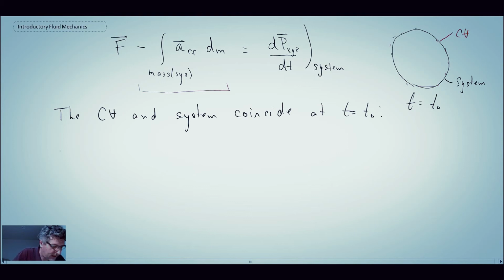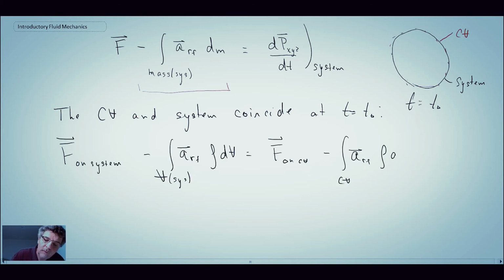So what we can say, given that they both coincided, is that the force modified with this acceleration term on the system is equal to the force on the control volume modified by the acceleration of the reference frame over the control volume.